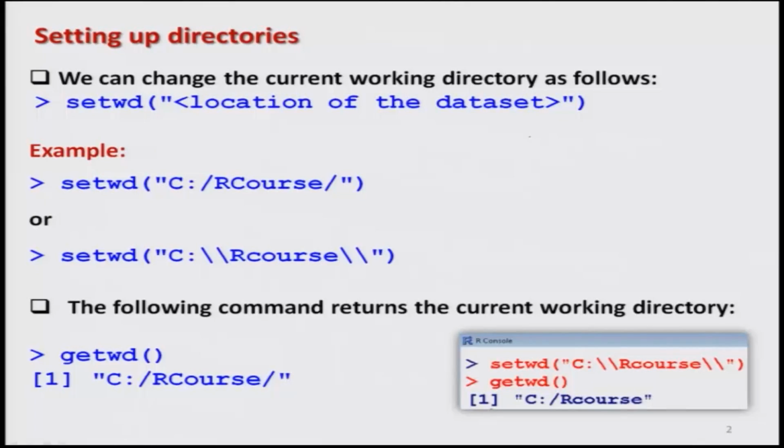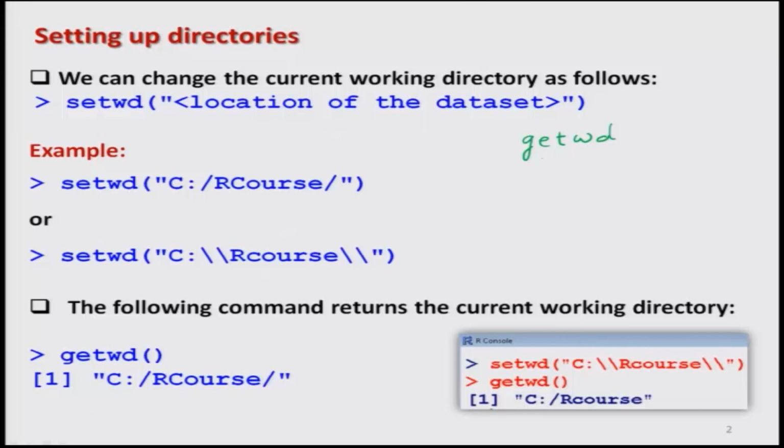Once you start R, you would like to see where the working directory is, that is, from which location the R software is fetching the data. In order to do that, we have an option called getwd.